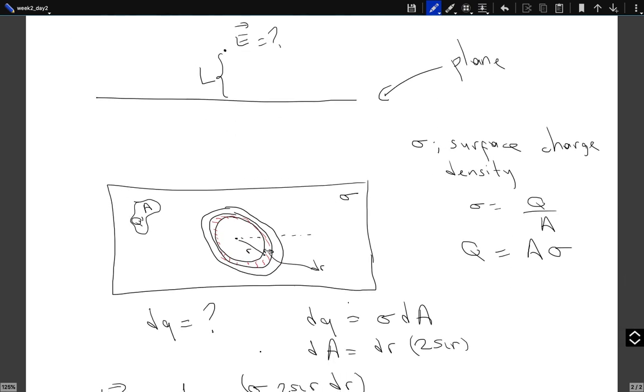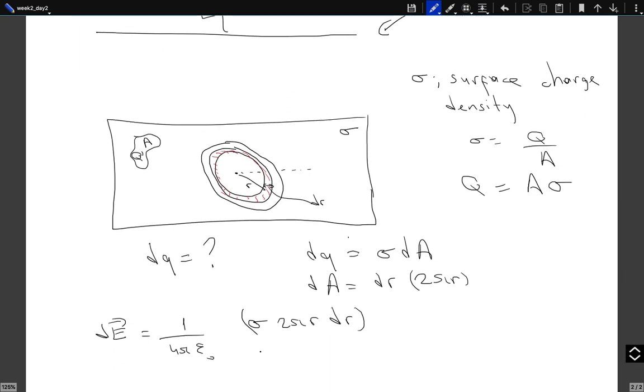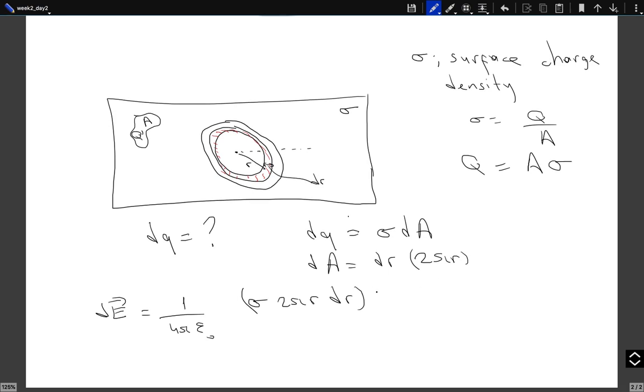In this problem, I had defined that distance to be L. So here I multiply this with L, divided by L squared plus R squared to the power 3/2, in the I direction. This is the electric field created by that red ring only.